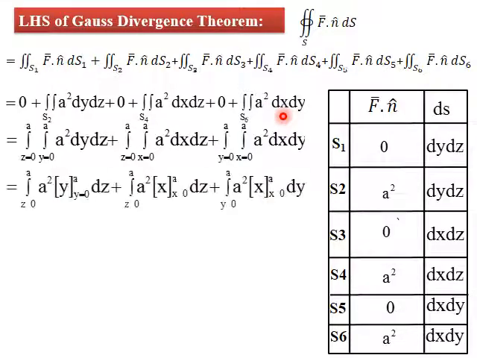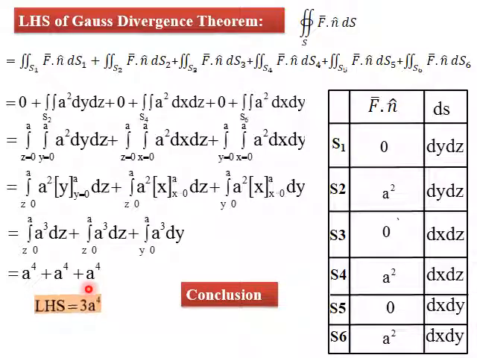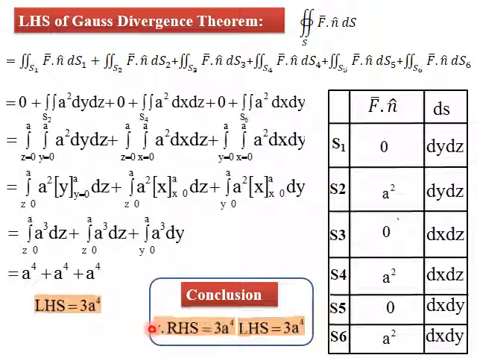Simply integrate by taking the appropriate bounds. We will get the double integral over closed surface S of f bar dot n cap dS as 3a power 4. Conclusion: left hand side integral value is the same as right hand side integral value. So Gauss theorem is verified for the given data.